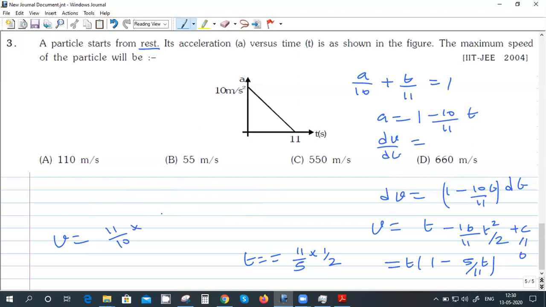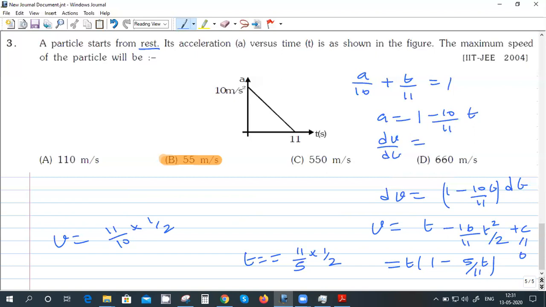1 minus half. What mistake am I making? The maximum speed of the particle will be at t equal to 11 by 5 by 2.